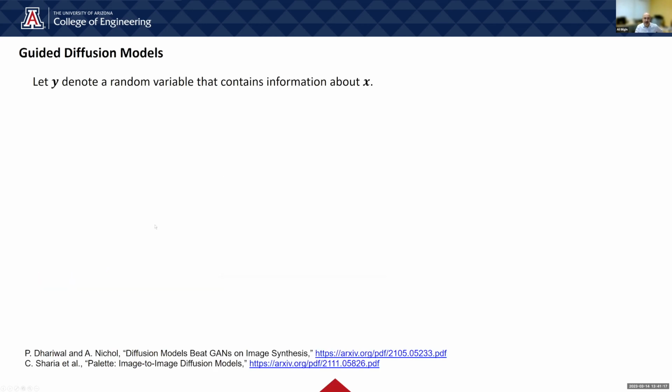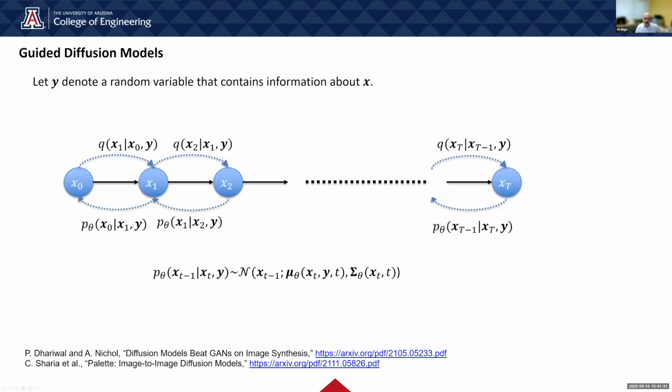How does that work? The basic idea is fairly simple. If you have this Y, which contains some information about X, you can add that as a condition in your transition probabilities, and that helps you learn this extra side information.